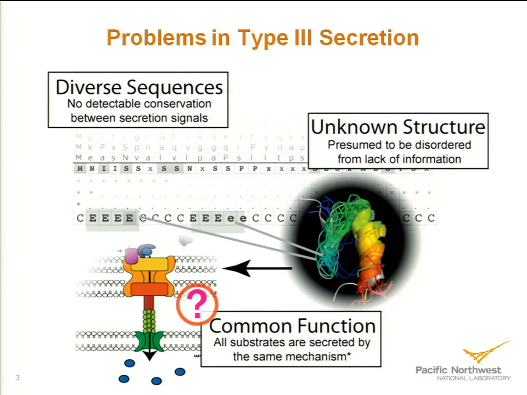So some of the problems that really drove this work I thought were nicely introduced by Danny, talking about remote homology. In a way, this is a problem of remote homology. We know that all of these effectors have the same function in one way. They all are targeted toward the type 3 secretion system.